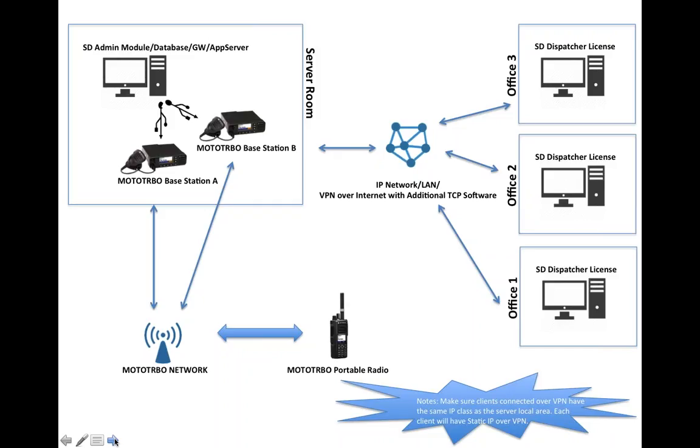So for every repeater that you have in a conventional system, just as a rule of thumb, you will require one base radio per slot if you're not using the NAI data connectivity.